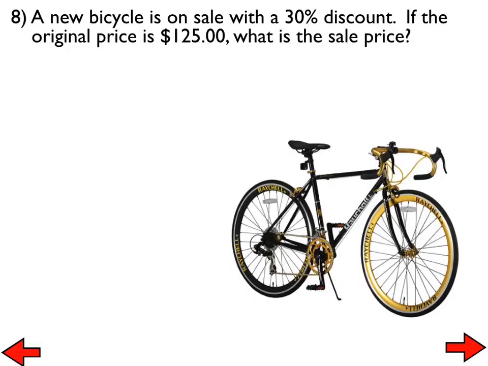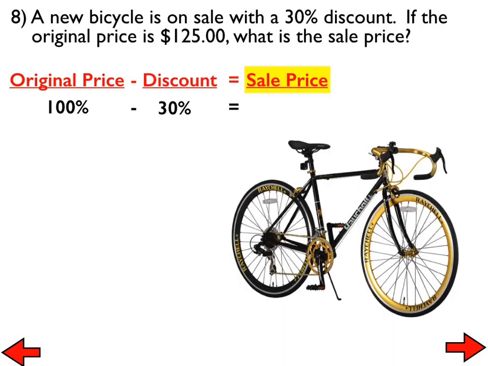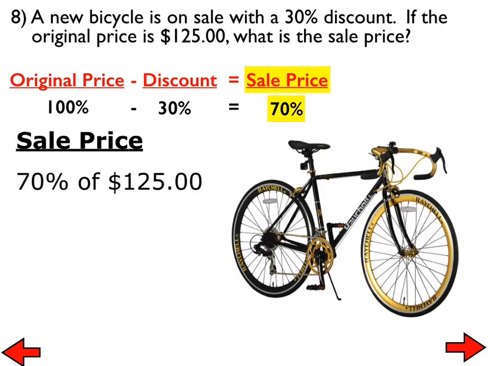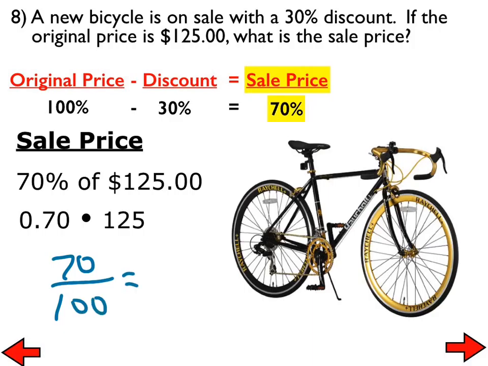The long way to do this is to find a discount only and then subtract it from 125. The fastest way to do it is to subtract first, and you're paying 70%. So 0.70 times 125, or as a proportion, still using 70%, you're finding the after price. The before price is 125.